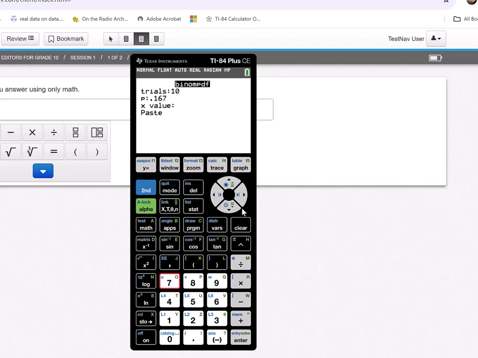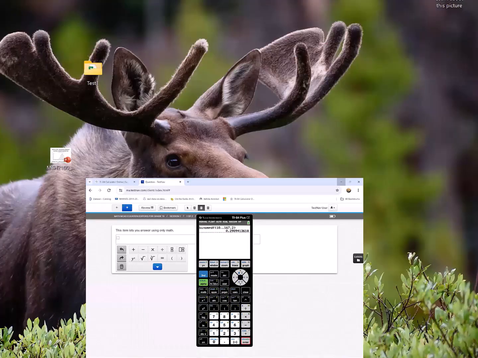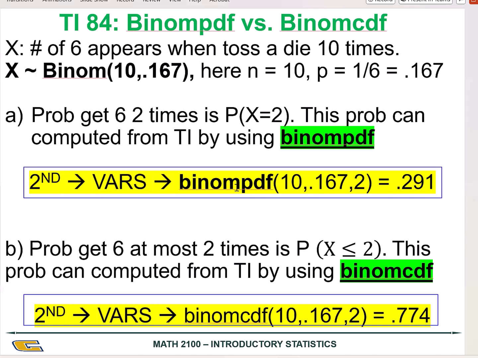And you enter the x value 2 because you want to calculate the probability you get two 6s. You paste it and press enter. You can see here we get 0.291, which means the probability you get two 6s among 10 tosses is 0.291. This is the binomial PDF function, the binomial probability distribution function.